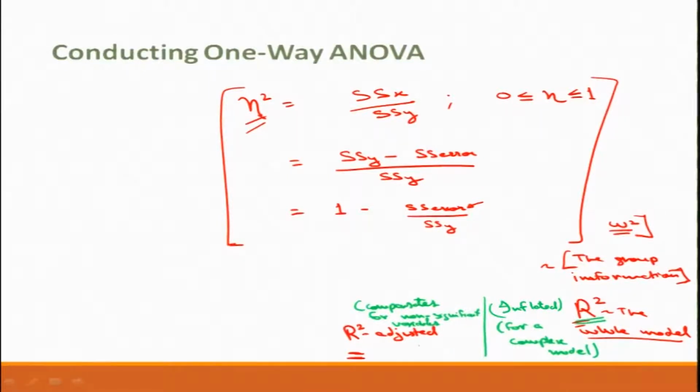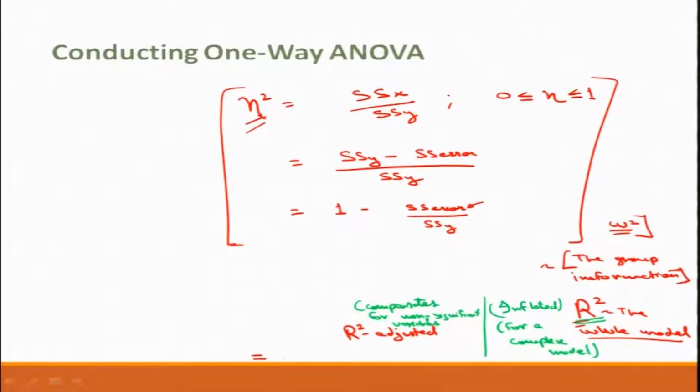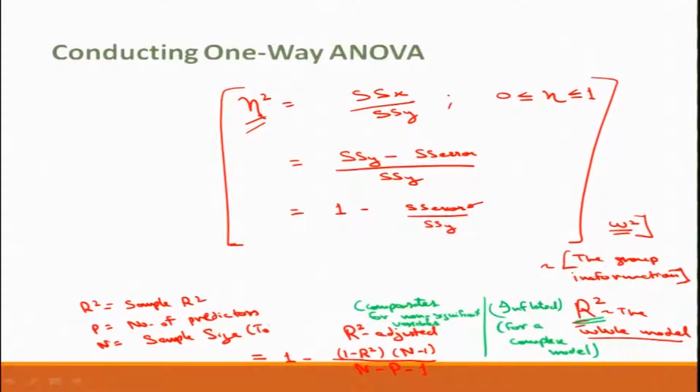R square adjusted is calculated as, I will put it here, R square adjusted is 1 minus this ratio, 1 minus R square into n minus 1 over n minus p minus 1, where R square is the sample R square, p is the number of predictors, and n is the sample size, I mean the total sample size.